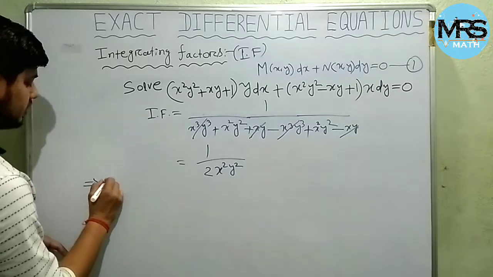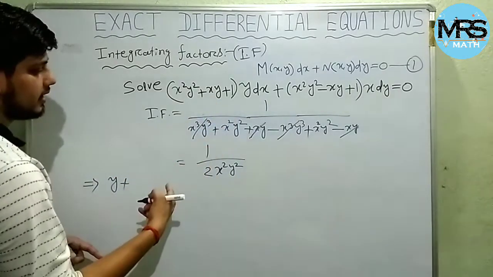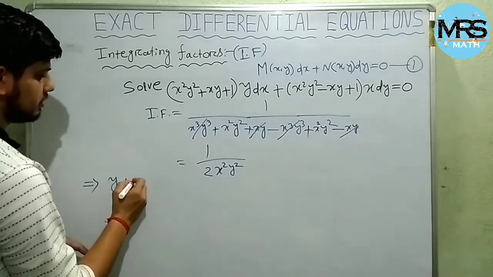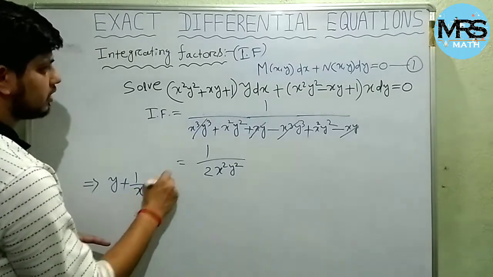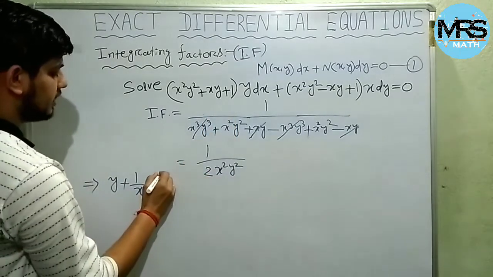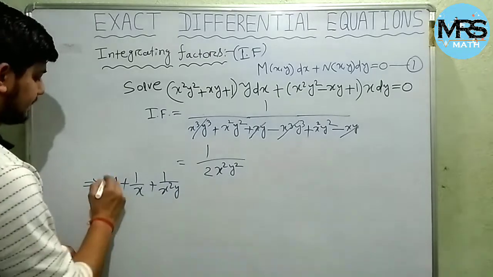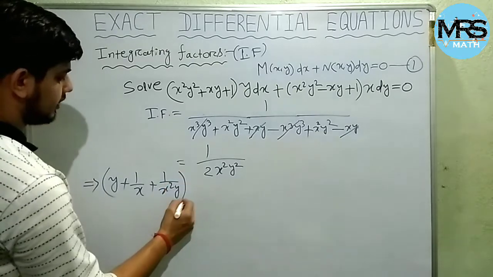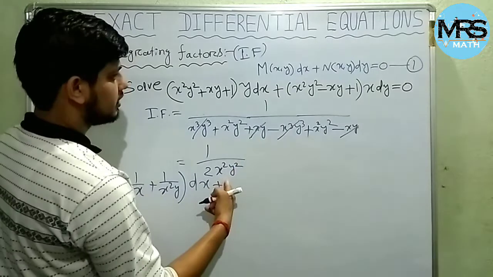So here you will get y, plus xy square, and y square it will cancel x, so you will get 1 by x, plus here it will be only y, so y will cancel, that is 1 by x square y, into dx, plus here if you multiply this, then what you will get?